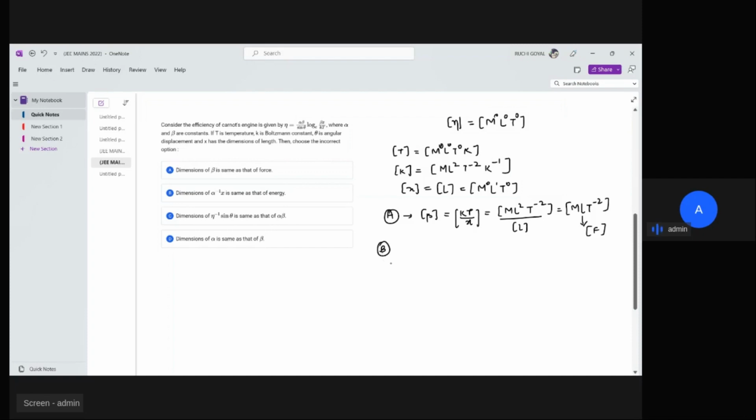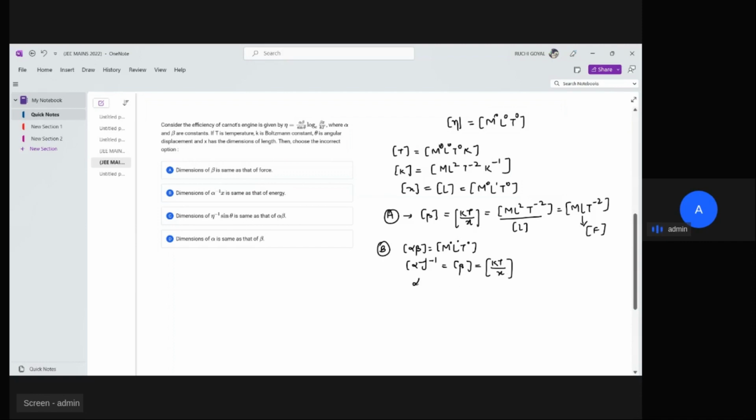Next, the dimensions of alpha^-1 into x is the same as that of energy. Okay, so the dimensions of alpha and beta are 0, they are constants, M0 L0 T0, and alpha^-1 will be equal to beta, which will be equal to kT by x, because of the principle of homogeneity, right?